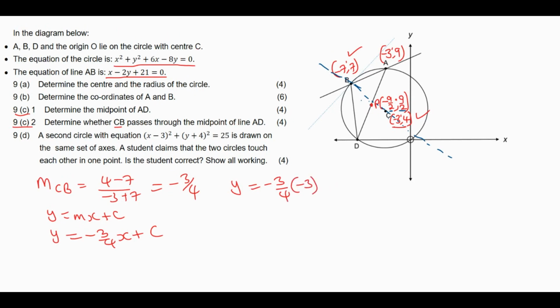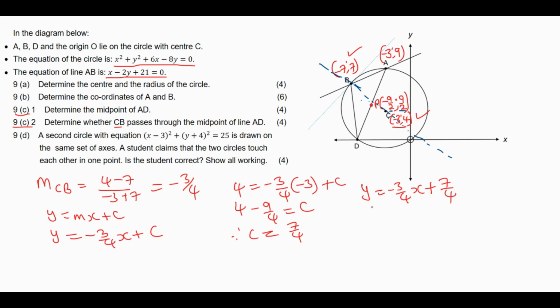Our y is 4, then plus c, meaning that 4 minus 9 over 4 is equal to c. Therefore, c is equal to 7 over 4. Therefore, the equation of CB is y is equal to negative 3 over 4 x plus 7 over 4.